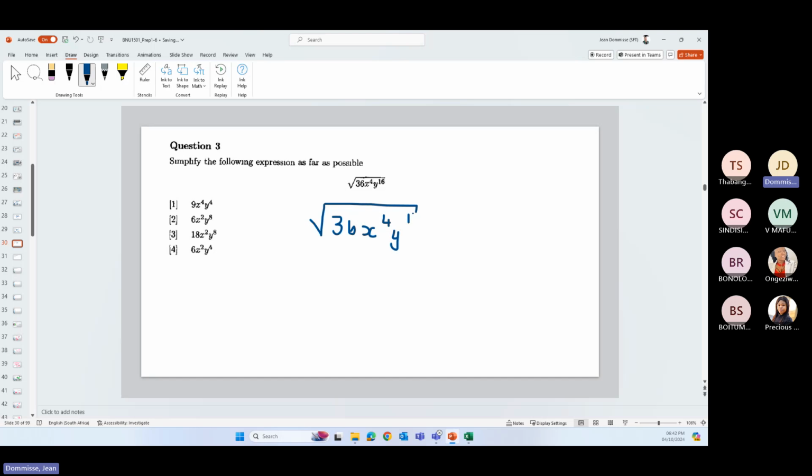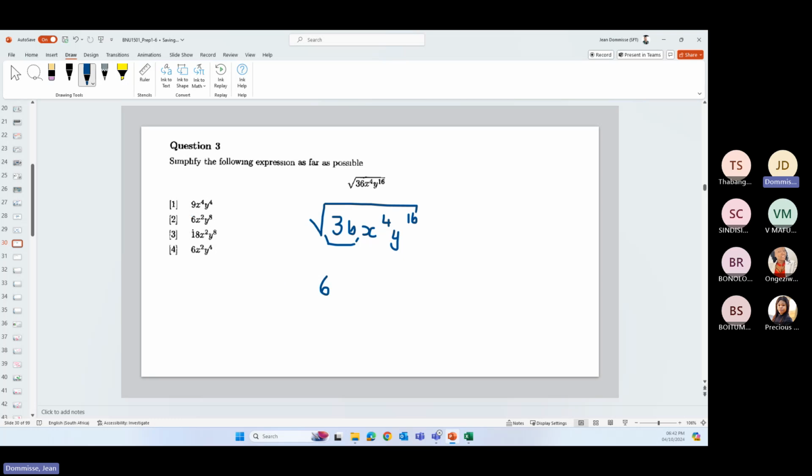Okay, so that is what they ask us: to take the square root of 36, x to the power of 4, y to the power of 16. So again, what I normally would first do is to say, well, we get to the x and the y later. Let's first see, what is the square root of 36? And that you can do on your calculator. The square root of 36 is 6.